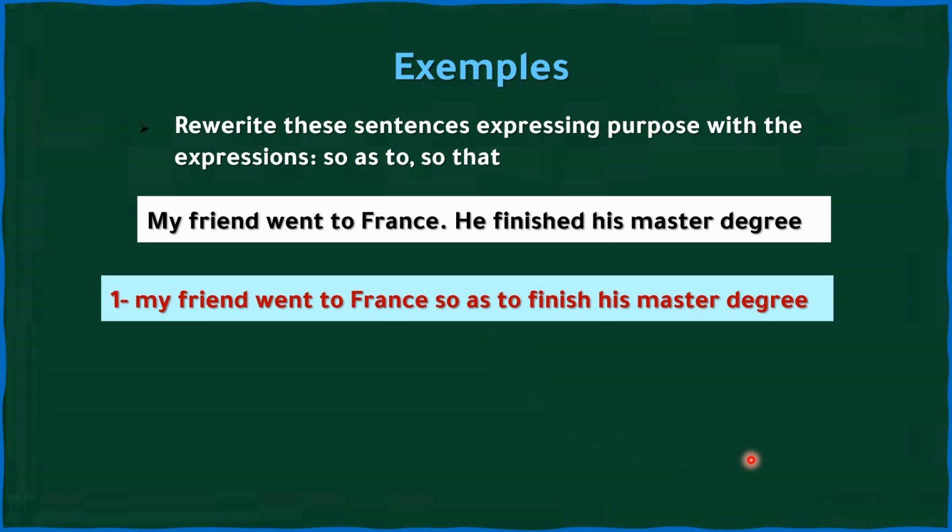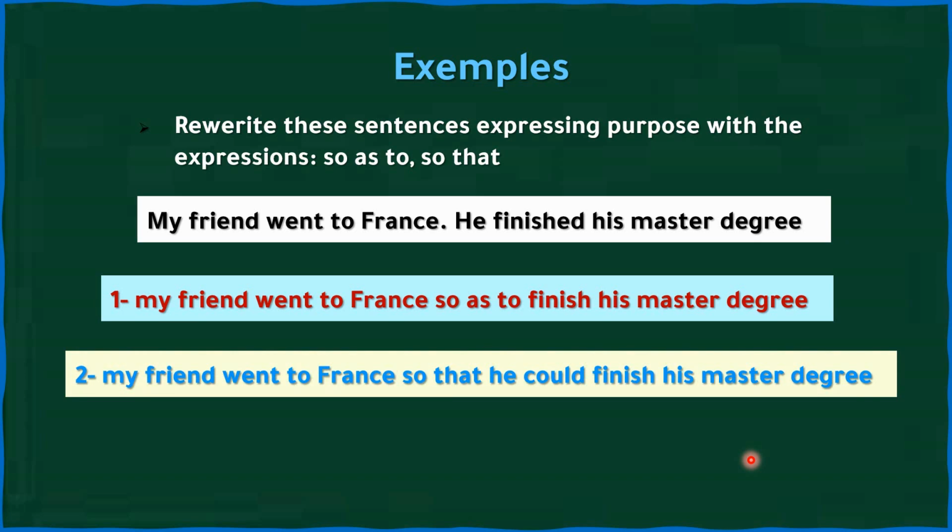Yalla, the second suggestion. Yes, Abdul Rauf. My friend went to France so that. Excellent! So that he could finish his master degree. I always say "could" and not "can" because here we have the simple past.